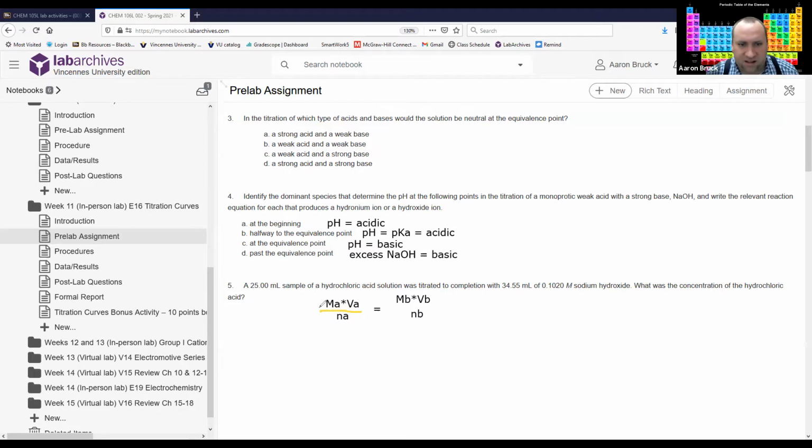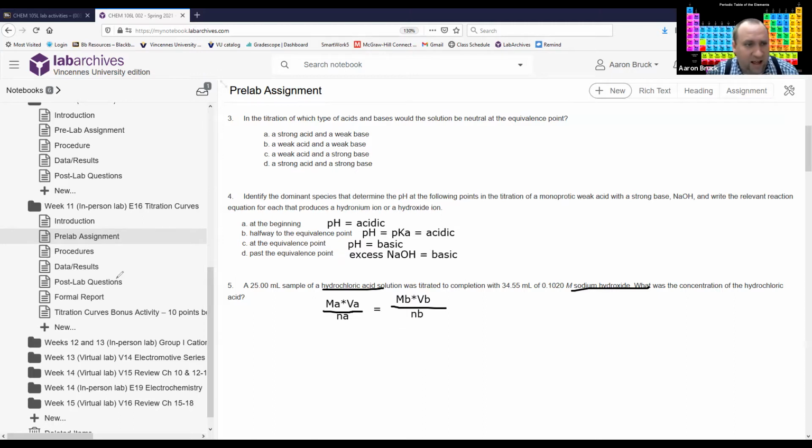You've probably done this kind of equation at least a dozen, if not more times. Just make sure that you've got your balanced chemical equation beforehand so that you can get those values of N. Remember, the A's stand for the acid, which would be the hydrochloric acid. The B's stand for base, which would be the sodium hydroxide.